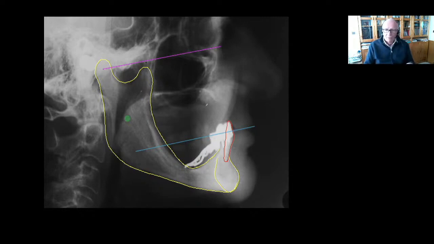And she had a lot of sets of total and partial dentures, and there is always the same pain. If you look at the direction of the occlusal plane, the blue line here, it is the direction of the occlusal plane of the reconstruction. You can see a little bit of the maxillary molar here.